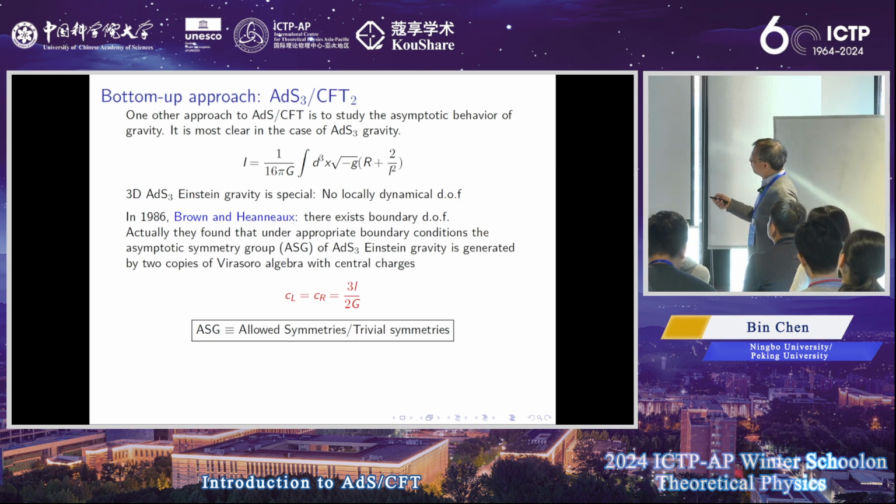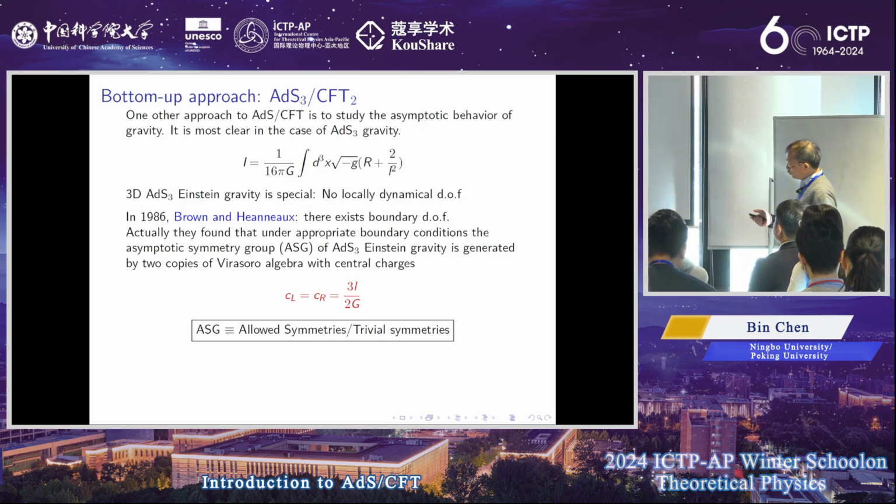Then you can try to find the diffeomorphisms that preserve this asymptotic boundary condition. But some of these diffeomorphisms could be trivial. After you mod out these trivial symmetries, you will get the asymptotic symmetry group.